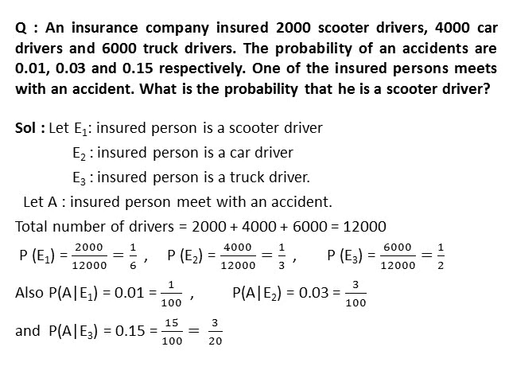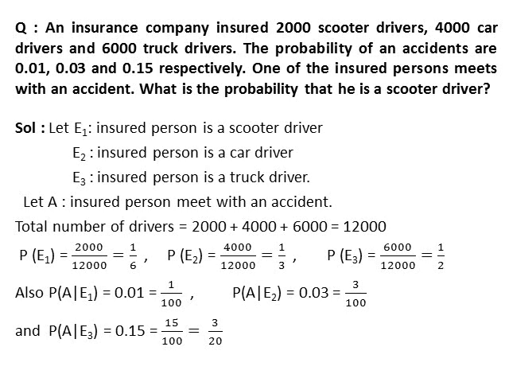Also, P(A given E1) equals the probability that the insured person meets with an accident given that he is a scooter driver, which is 0.01, equal to 1 by 100. P(A given E2) equals the probability that the insured person meets with an accident given that he is a car driver, which is 0.03, equal to 3 by 100.